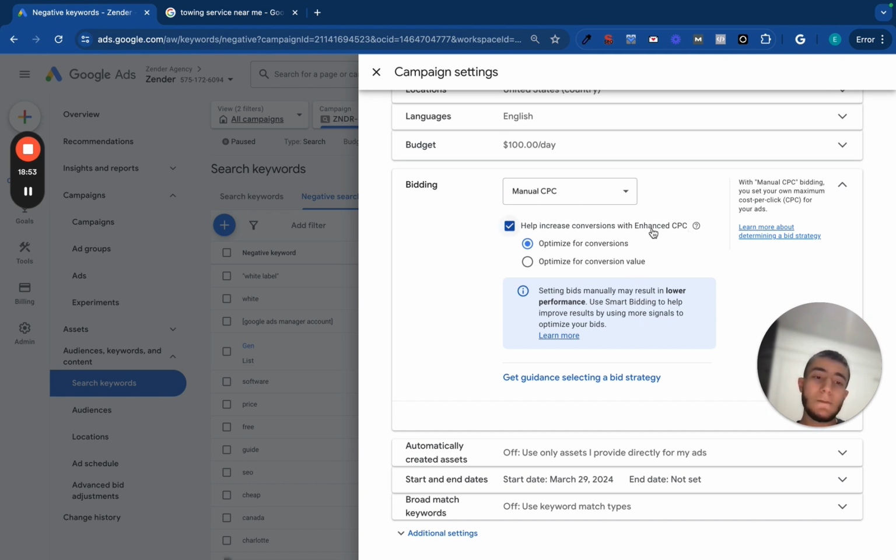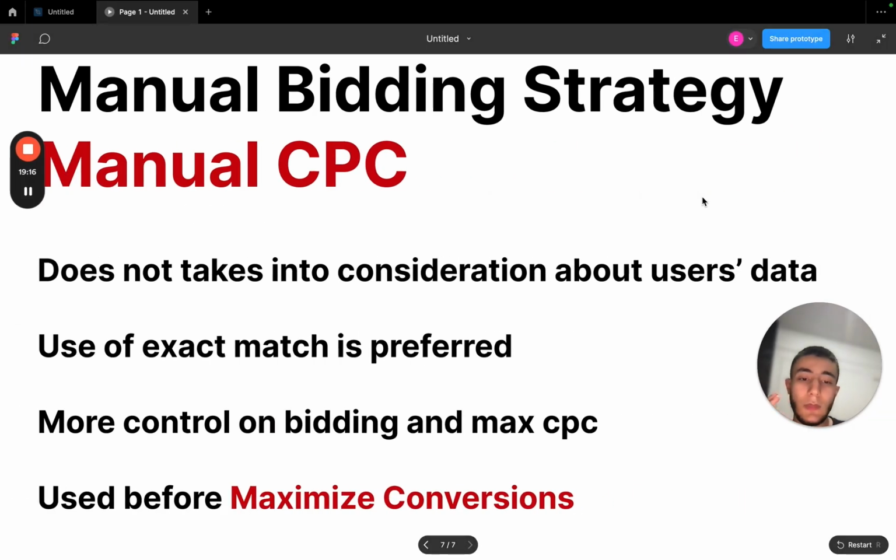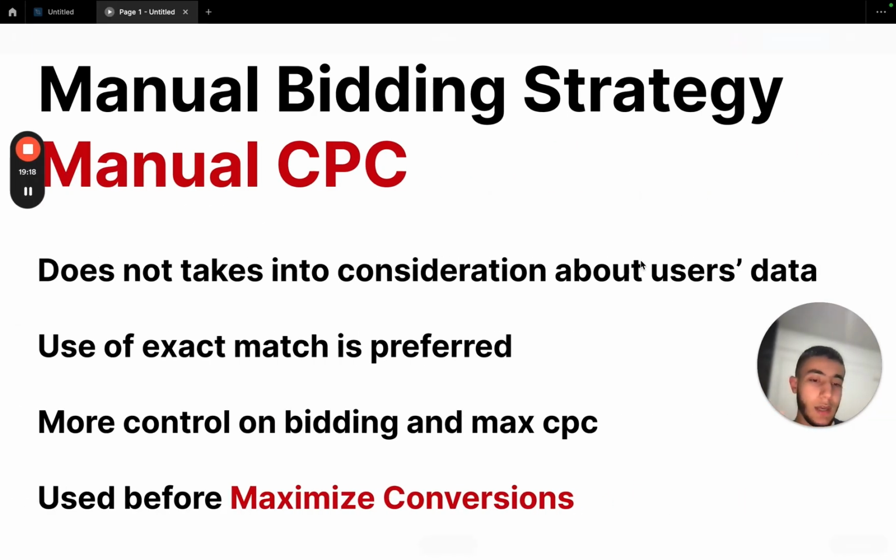But usually enhanced CPC works like maximum conversions for me. It's just similar tactics. But if you want real control, just exclude enhanced CPC and use just manual CPC. You're going to have more control over the amount of time you want to show your ad and the amount of time you don't want to show the ad.